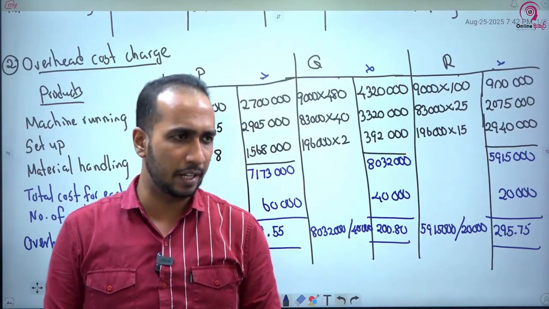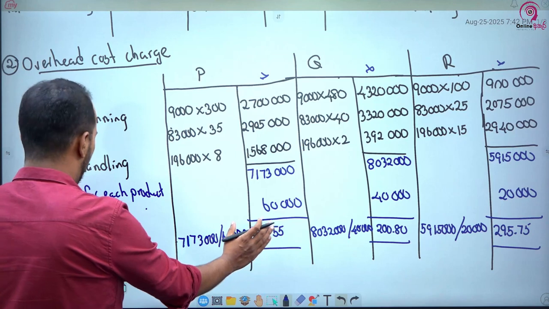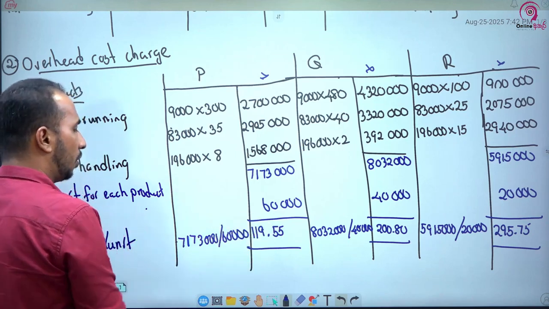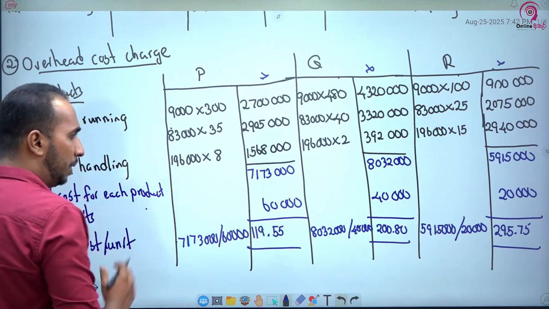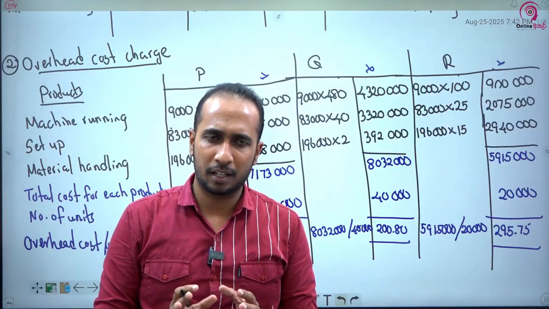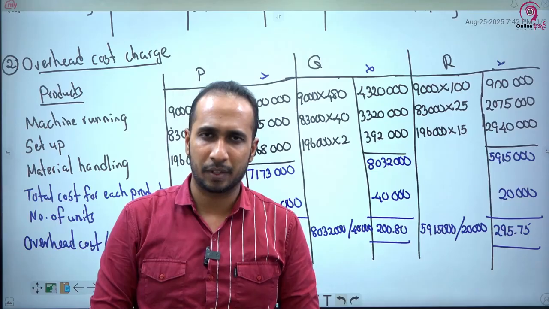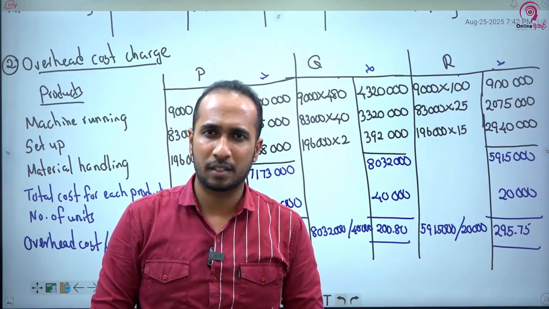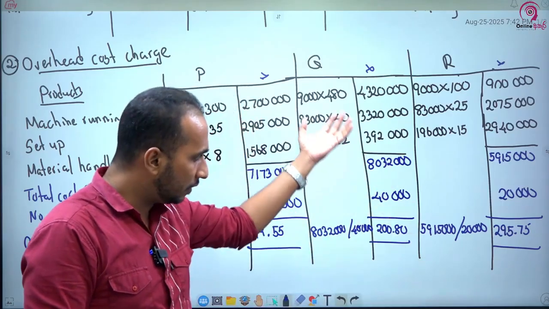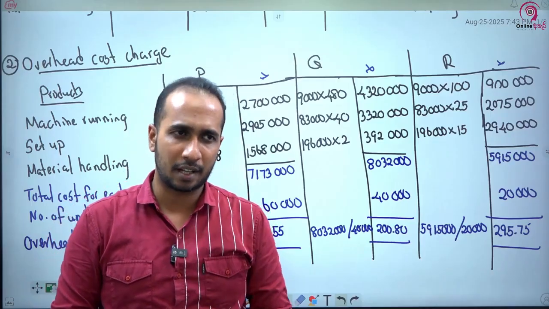Now we have calculated the overhead cost per unit of each product. Okay, now what you have to do? We have done a lengthy working, but don't forget that we do have a question to answer. These are the workings that we have to perform in order to produce the correct answer.